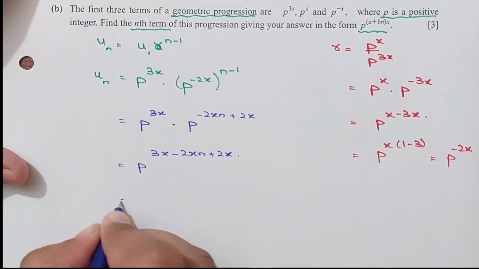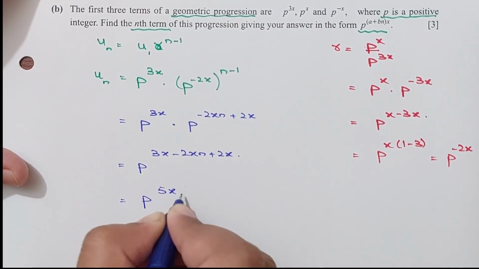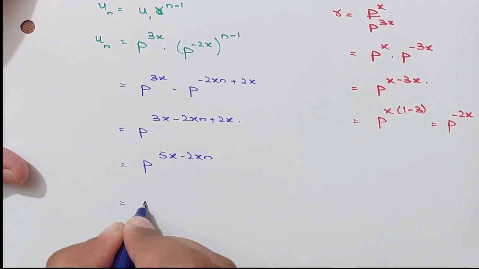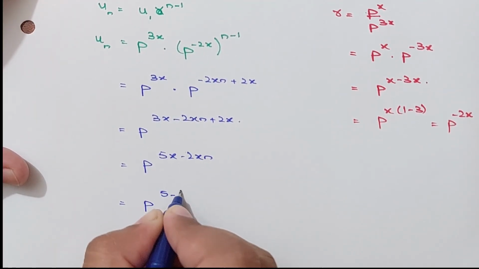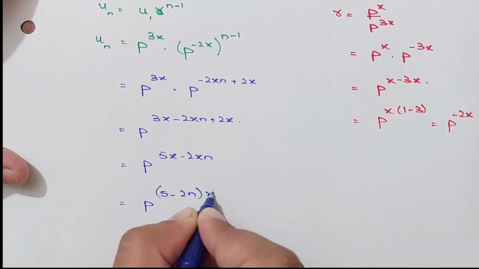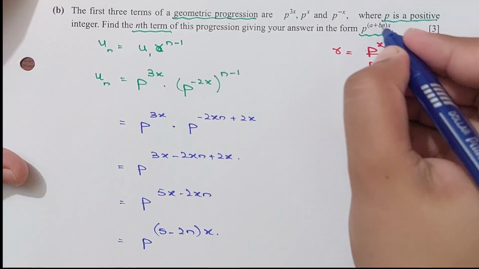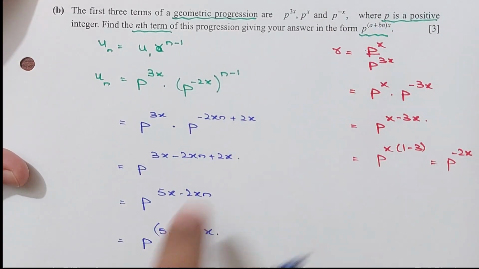So here we have p^(5x minus 2xn). Let me take x common. So p^((5 minus 2n)x). So this is in the form of p^((a plus bn)x). a is 5, b is negative 2.